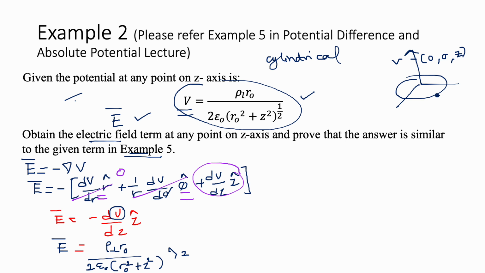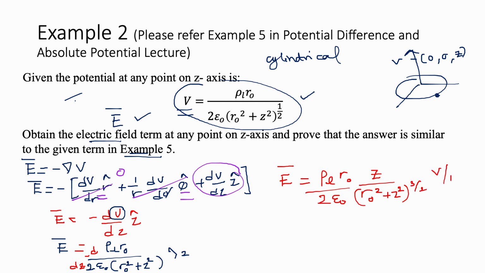I should write the d over dz to avoid confusion: negative d over dz. If we solve this, we will get our E to be rho L r naught over 2 epsilon naught, z over r naught squared plus z squared to the power 3 over 2, in volt per meter.